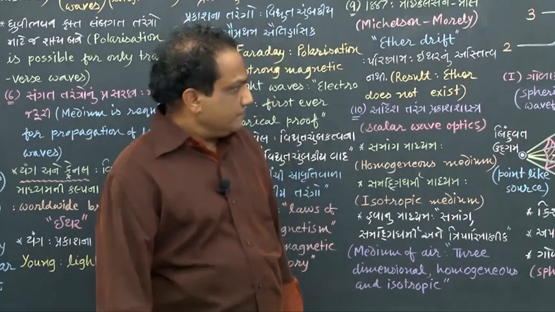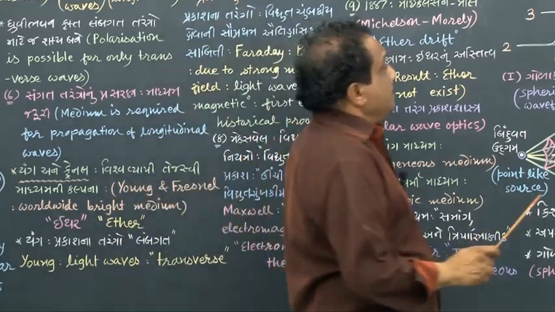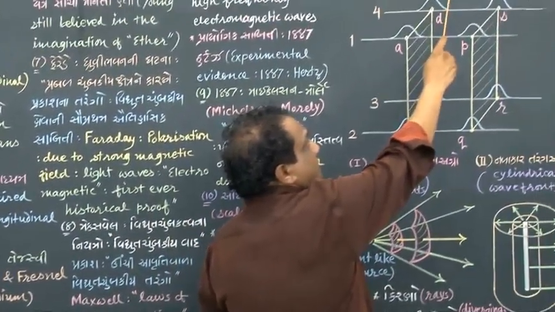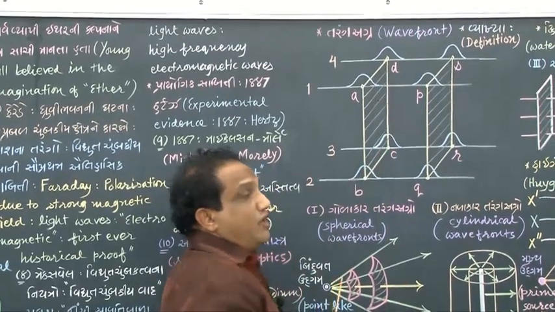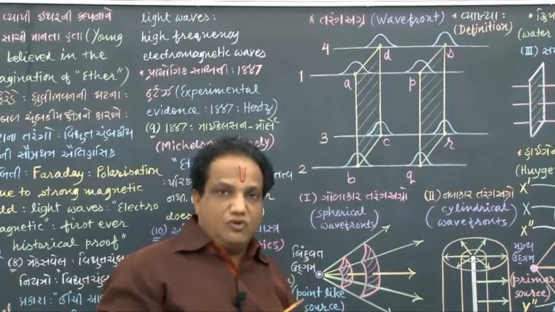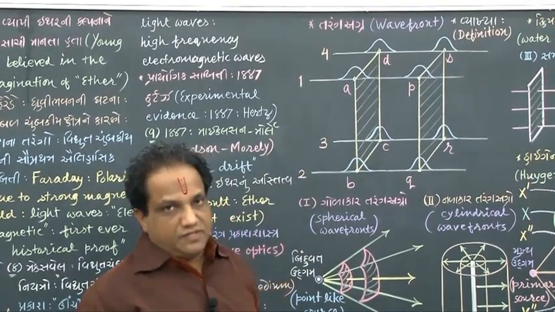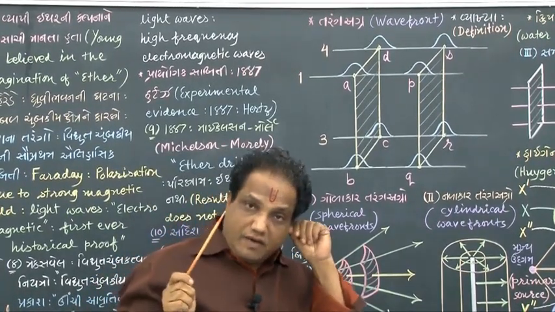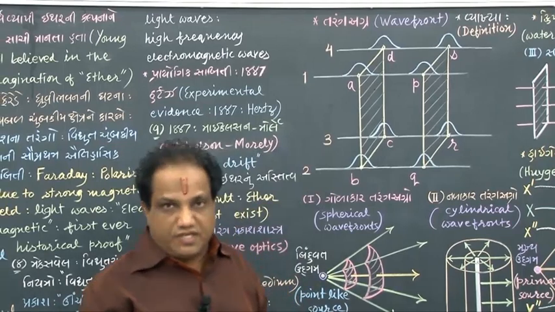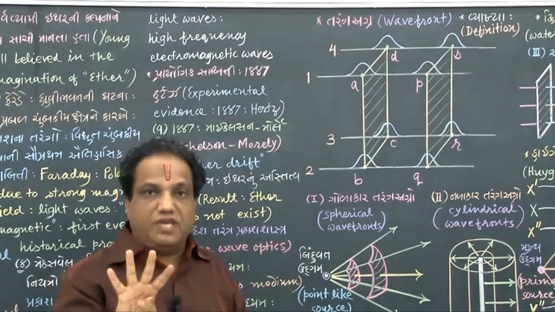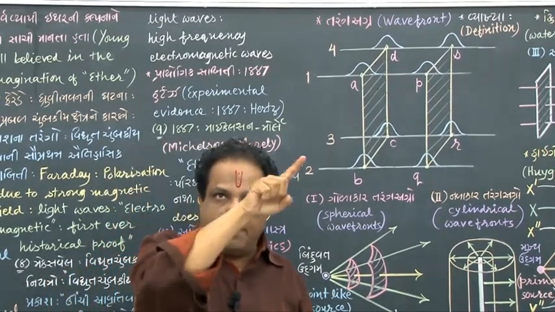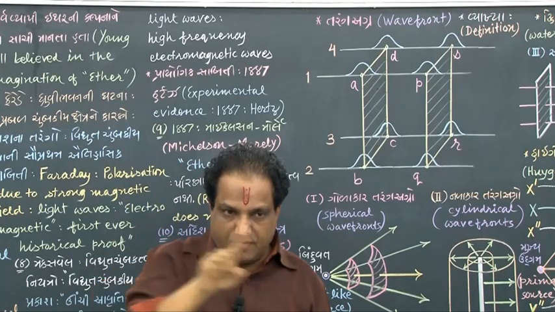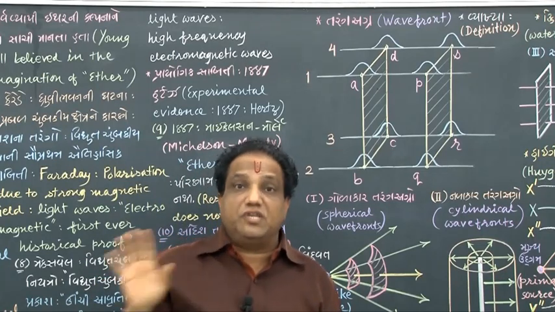Okay, fine. Now let us study one concept, what is called wavefront. To understand very clearly about wavefront, please consider 4 thin strings kept parallel to each other and under proper tension.